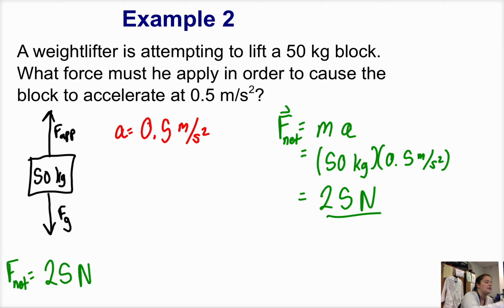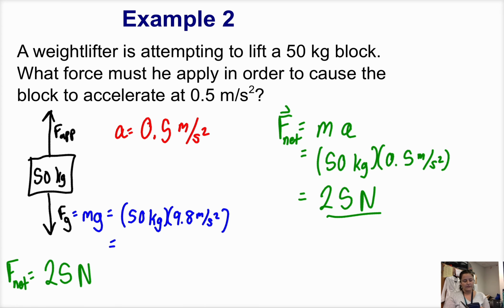So we remember force of gravity equals mass times the acceleration due to gravity. So that is going to be 50 kilograms times 9.8 meters per second squared, which gives us a force of gravity, plug it into your calculator, of 490 newtons. So there are 490 newtons pulling this block down. We need a net force of 25 newtons.